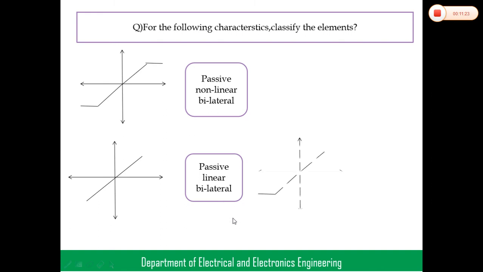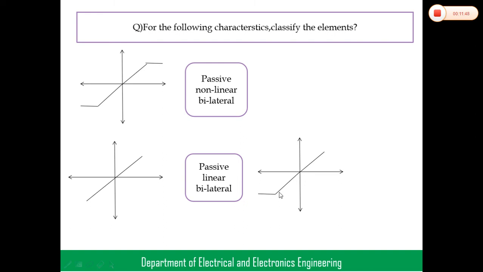So coming to the third example, here I mentioned, okay. Is this passive or active? Blindly we can say that it is passive, right? Coming to the next one, linear or non-linear. You cannot define it only by seeing this. You have to clearly mention the total characteristics.